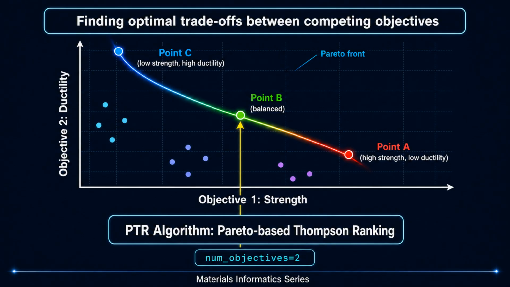On the Pareto front, solution A might have high strength but low ductility, solution C has high ductility but low strength, and solution B represents a balanced compromise. NIMO uses the PTR algorithm, Pareto-based Thompson ranking, to efficiently explore these trade-offs. The final choice among Pareto optimal solutions depends on your specific application requirements.